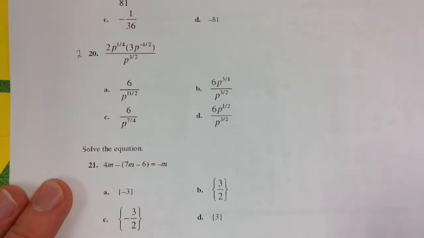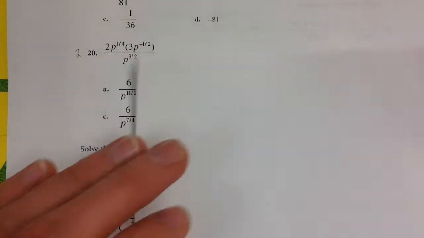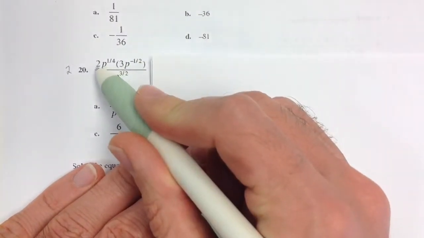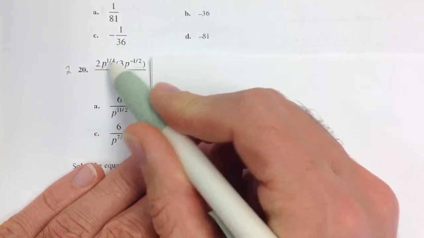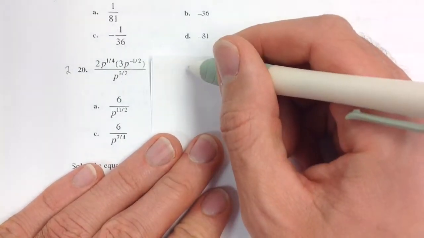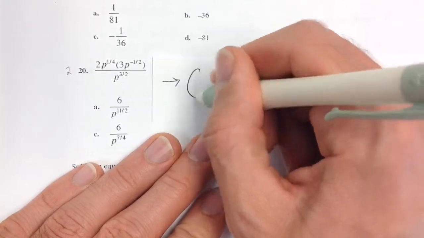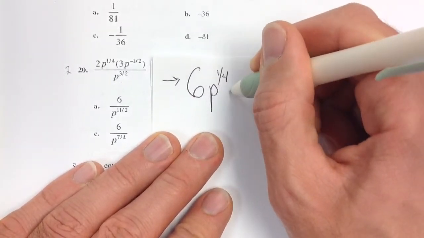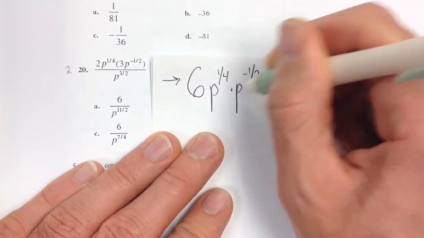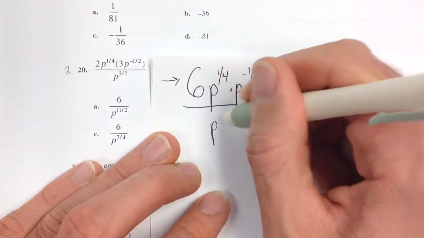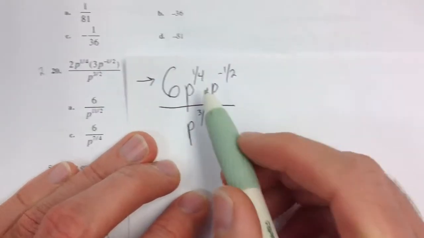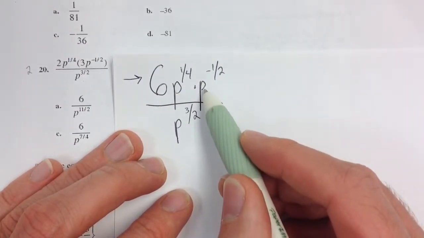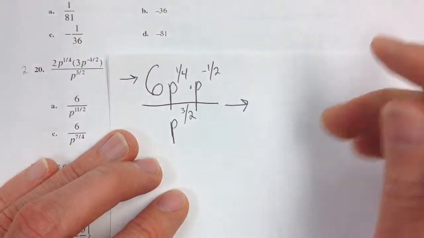Now let's tackle the problem itself. First, let's handle the coefficients. What's 2 times 3? 6. Next, what do you do with exponents if you are multiplying the same base? Add them. Very good.